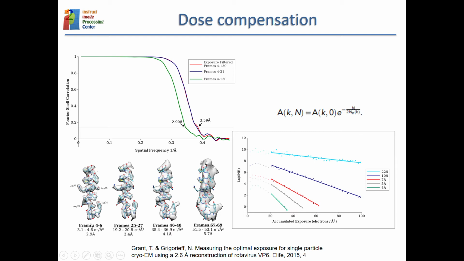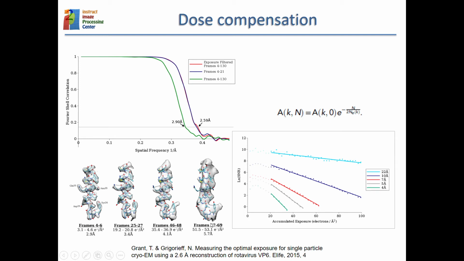And here there is a very accurate study in which they collected 70 or 69 frames, and if you make a reconstruction with the first frames, the reconstruction had much better resolution than the reconstruction performed with the same number of frames, but at the end of the acquisition.